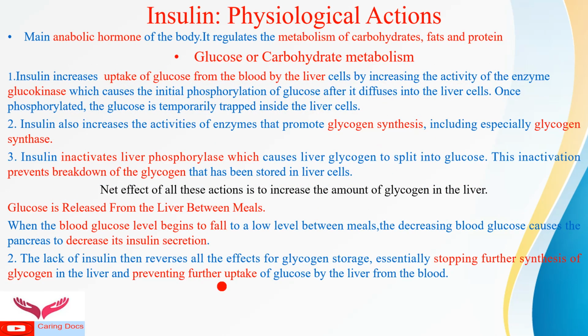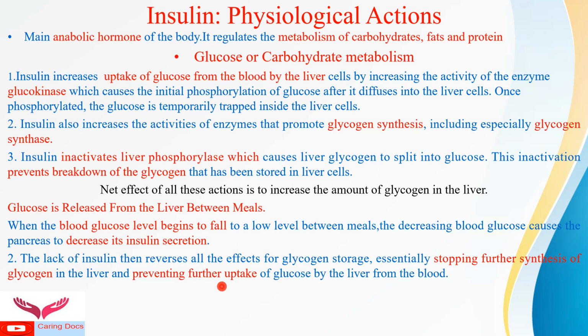So coming to the physiological actions of insulin, as we know, it is the main anabolic hormone in the body. It regulates the metabolism of carbohydrates, fats, and proteins. So how does it affect the metabolism of glucose or carbohydrates?